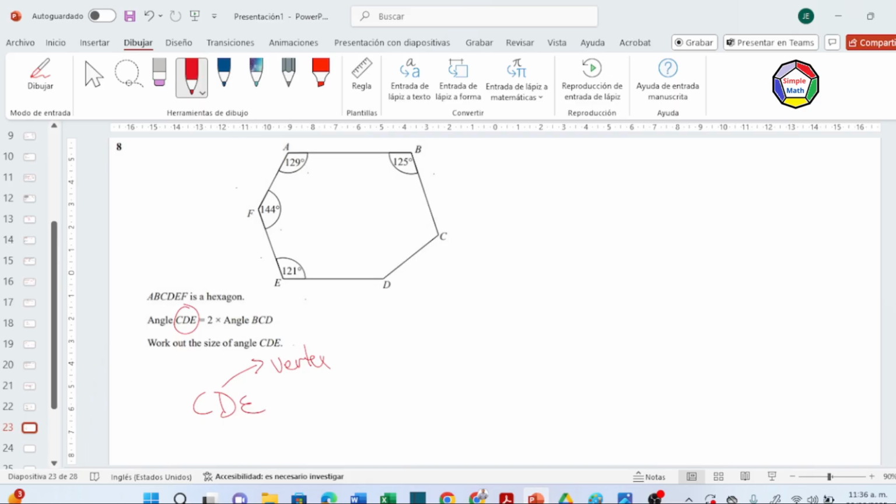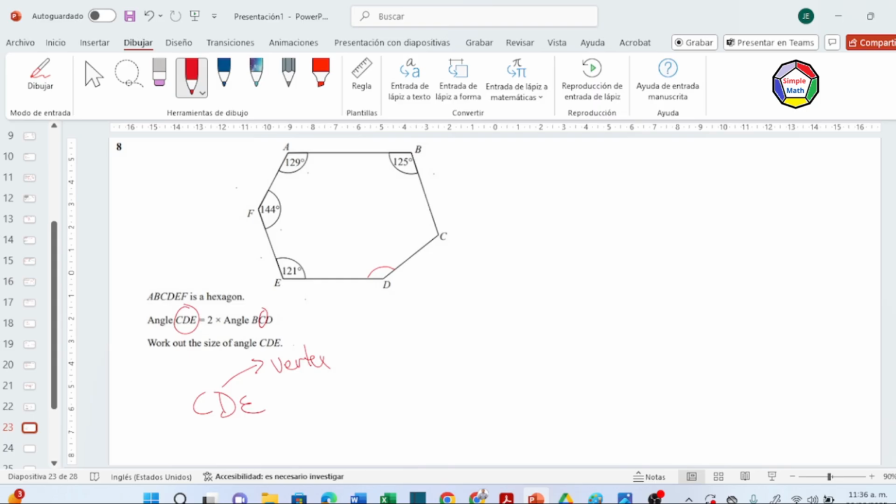So it's saying that this angle is equal to 2 times the angle BCD. What is the angle BCD? This one, right? Remember that the letter in the center, in this case C, is the vertex.